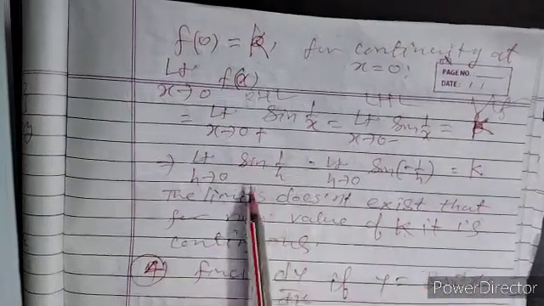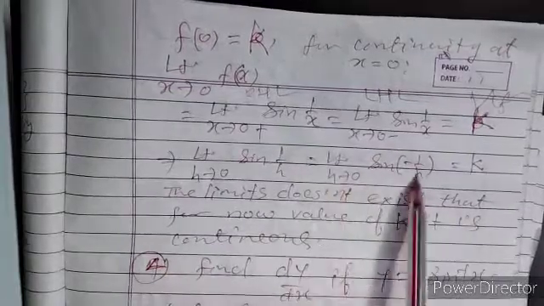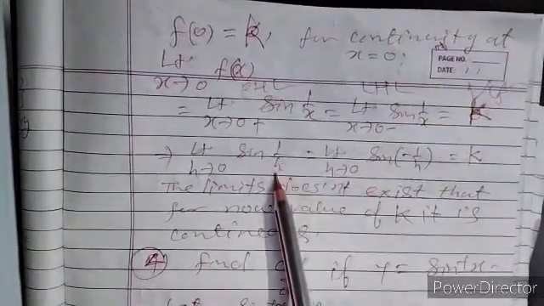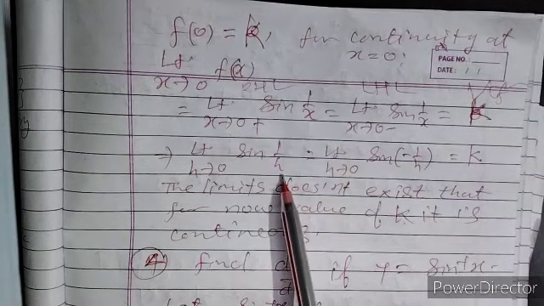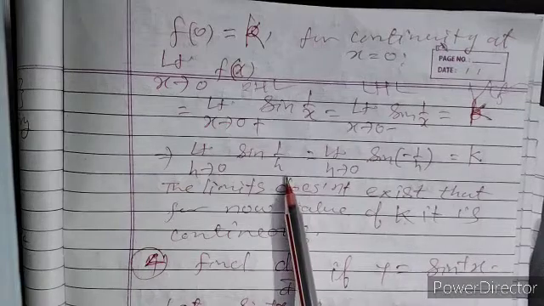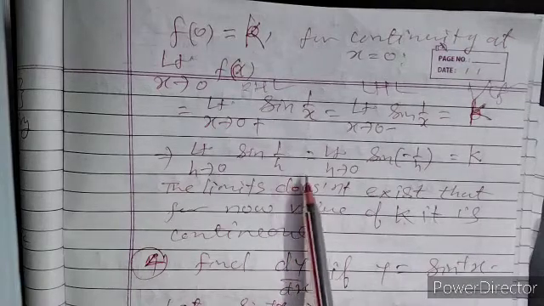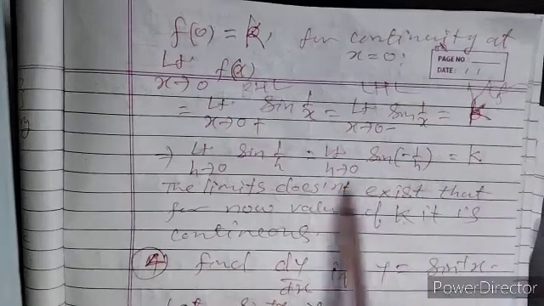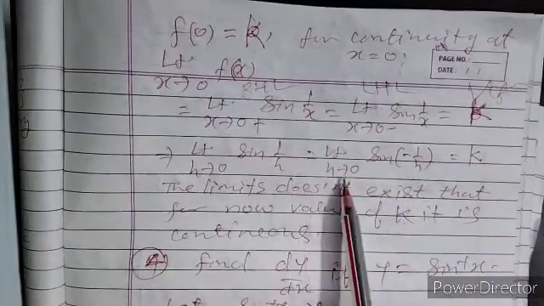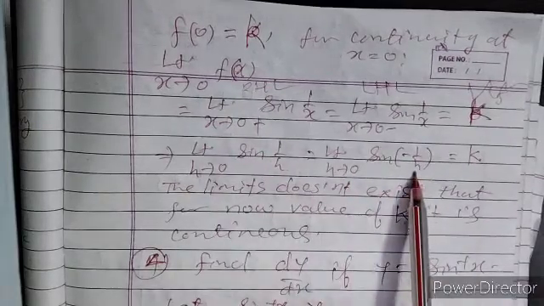Both the limits do not exist, because sin(1/h) approaches infinity, and sin(-1/h) approaches minus infinity. So the finite value of the limit does not exist.